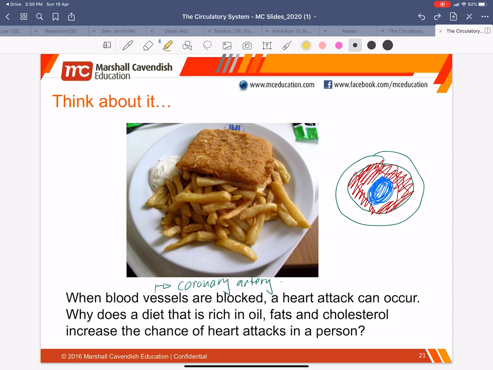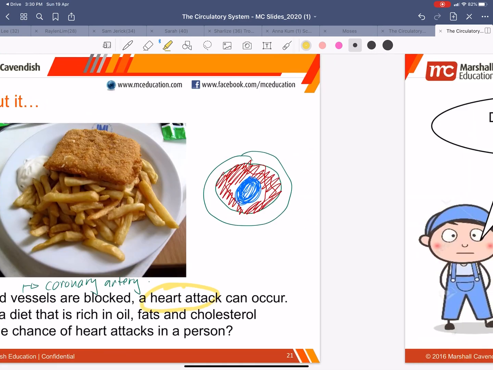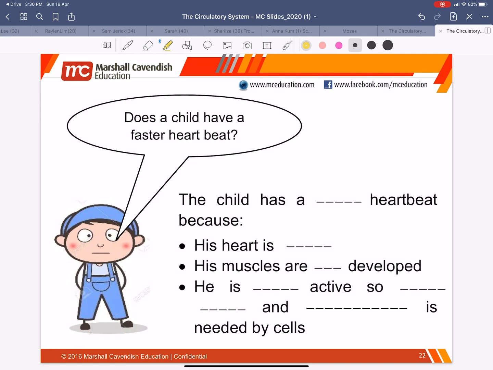You got it right. Respiration cannot occur, and without respiration, you will not get energy. Without energy, your cells will eventually die, and that is what leads to a heart attack. Right? I hope I have clarified that. So let's take a look at the next slide.